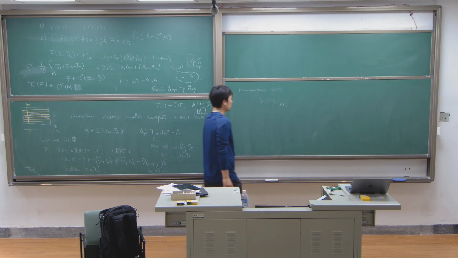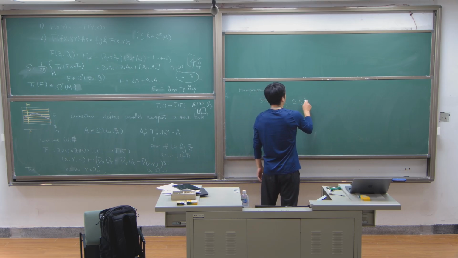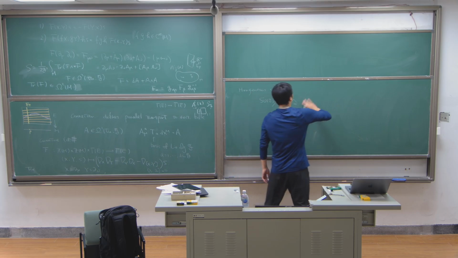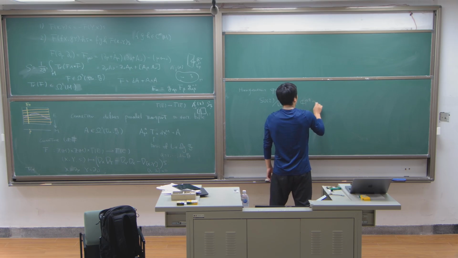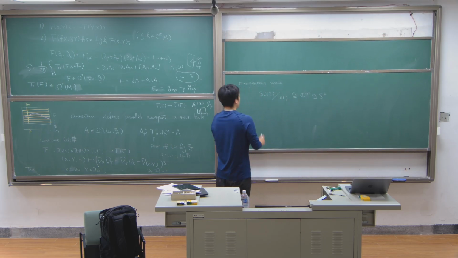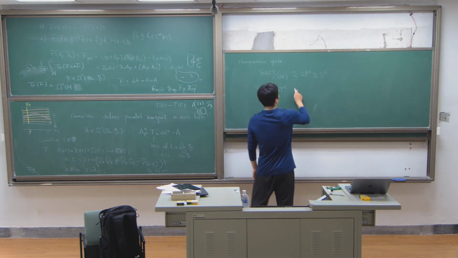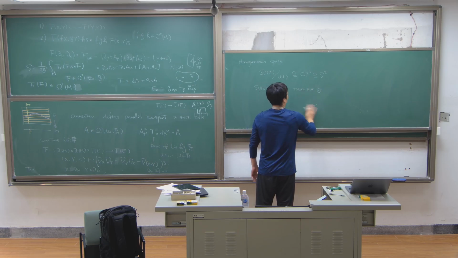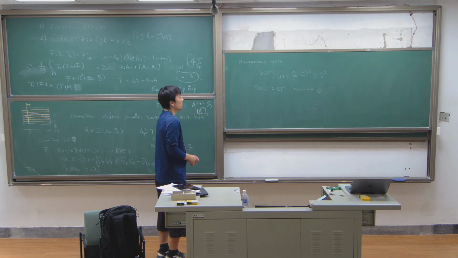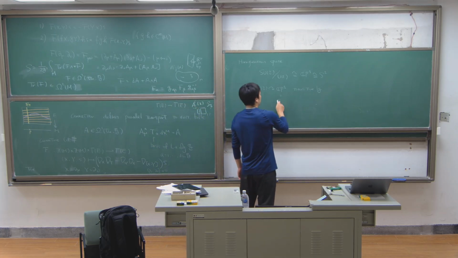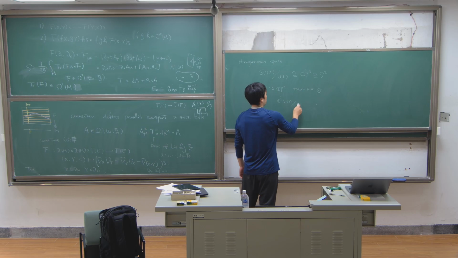So this is equal to S2 or CP1, sorry. SU2 acts on CP1 transitively, because CP1 can be defined as C2 minus the origin, modulo the C star action.